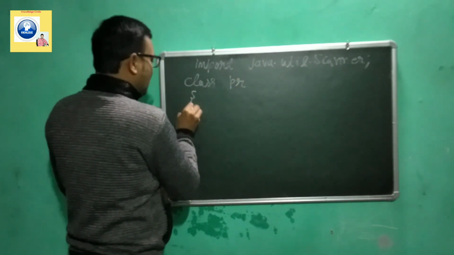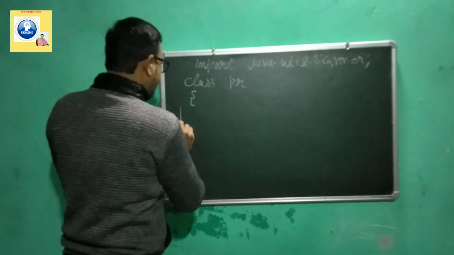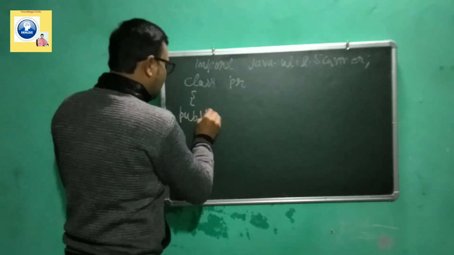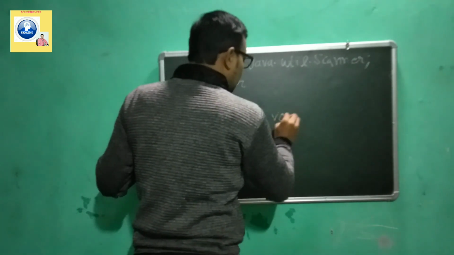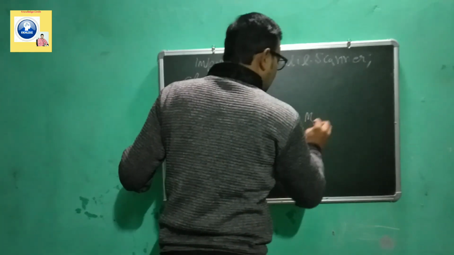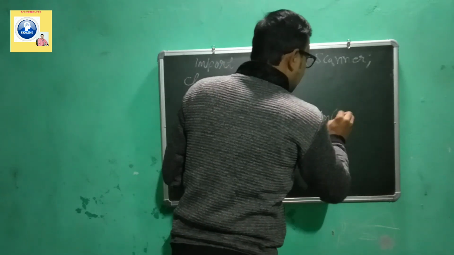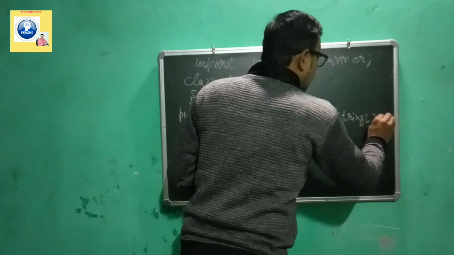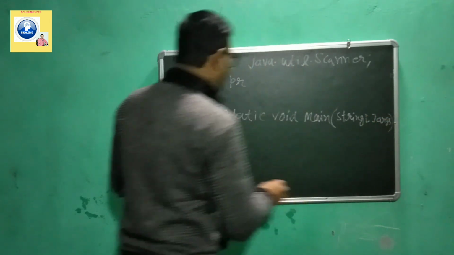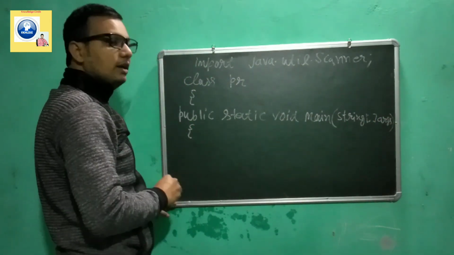For prime I am writing here Pr. Then after that, public static void main and then String args.